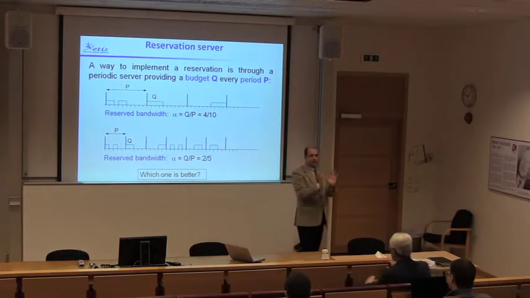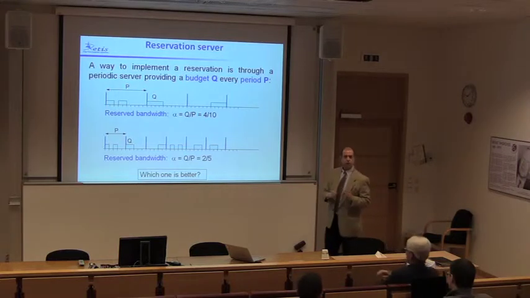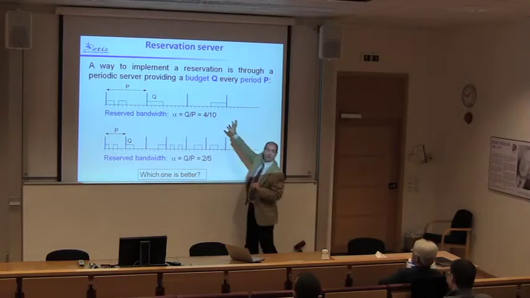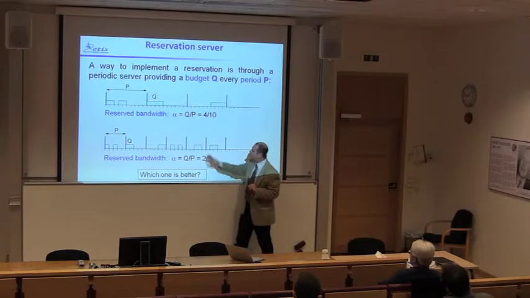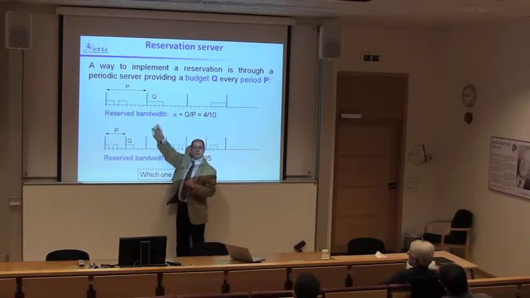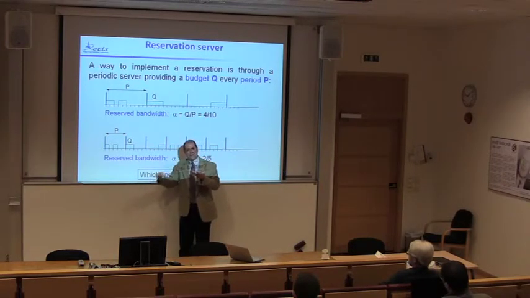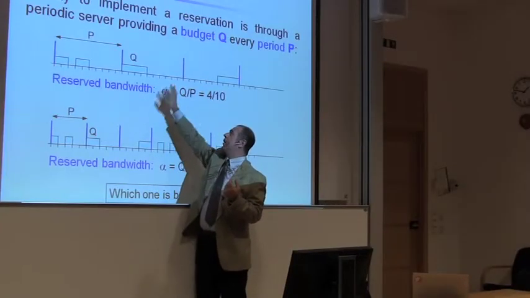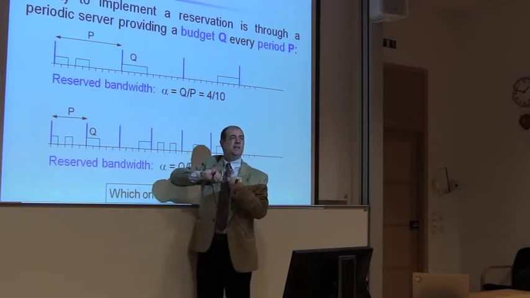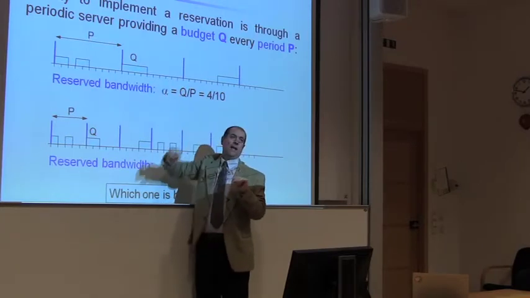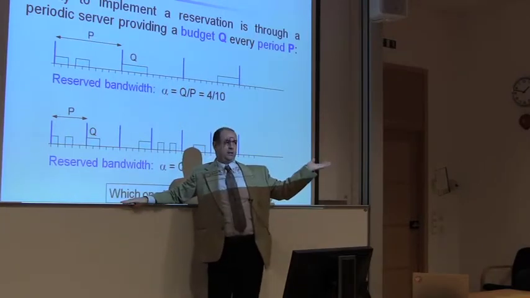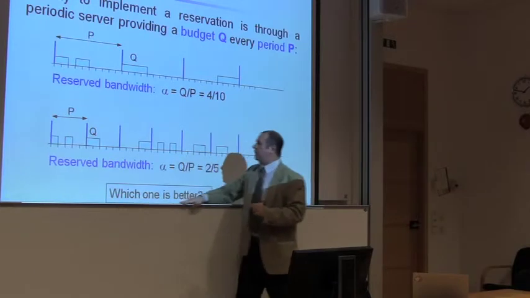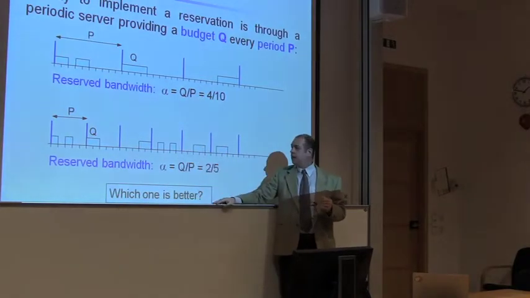So I provide a reservation equal to 0.4 to this application. Every time this server runs, the server allows the task of the application to use the processor. But in this slot, in this interval, the application is not allowed to run, but other applications are allowed to run.